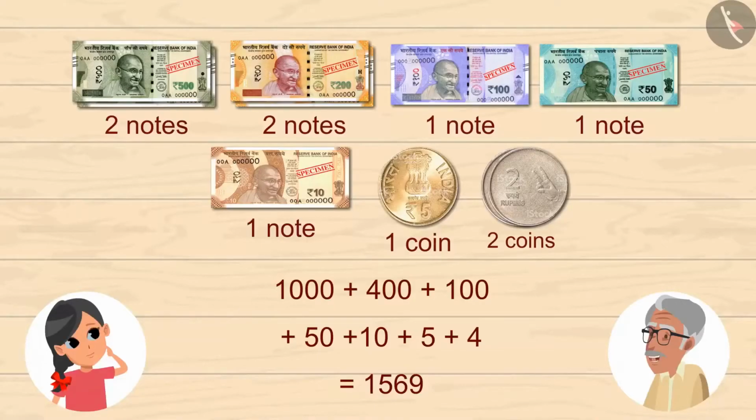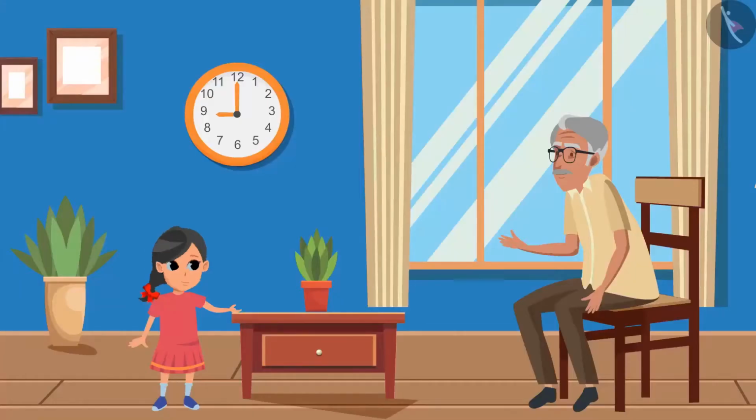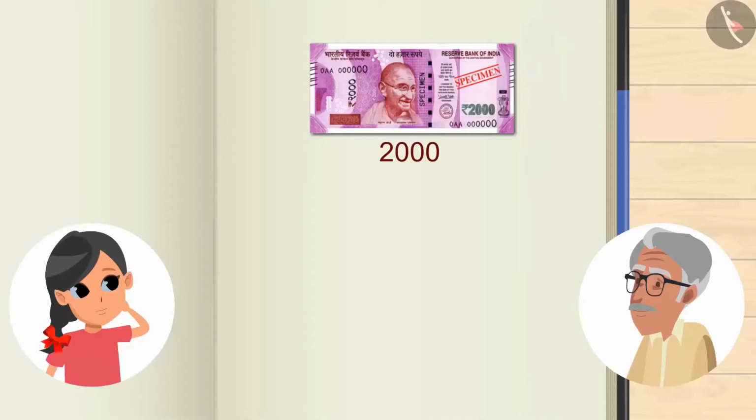But we have used so many notes in this. Can we make the whole amount of 1569 by using a lesser number of notes? But Grandpa, how can we make 1569 by using a lesser number of notes than this? Can we use a 2000 note for this?